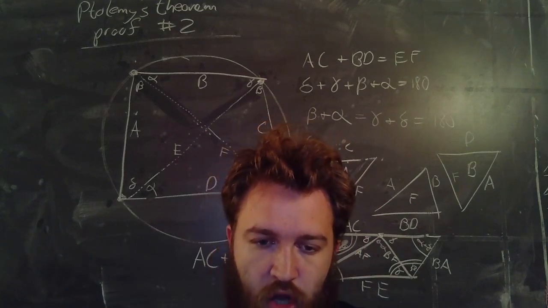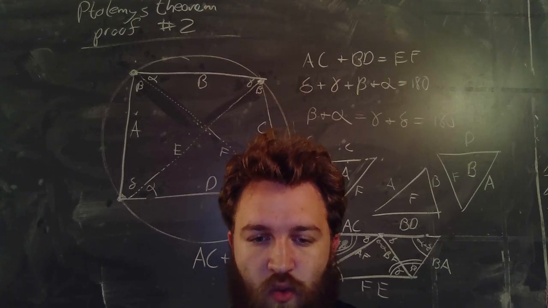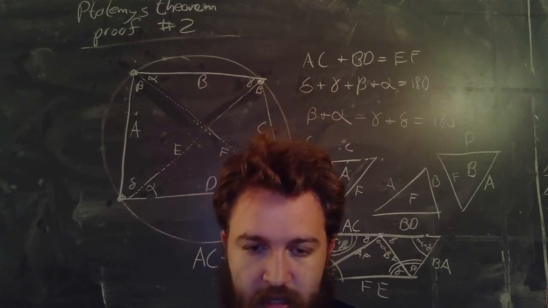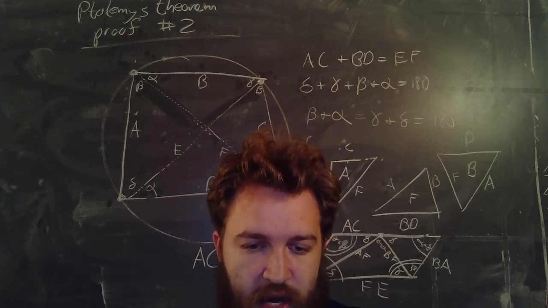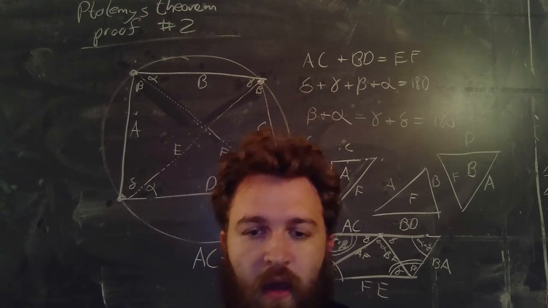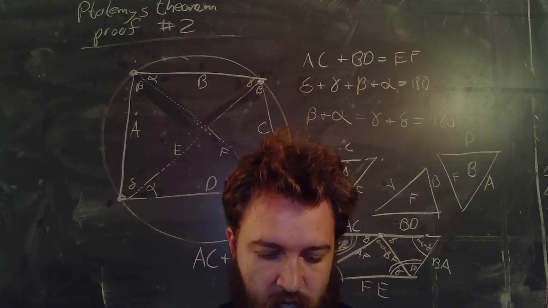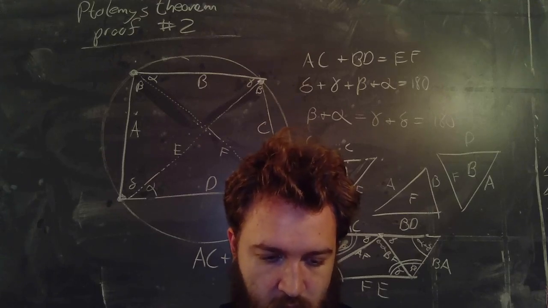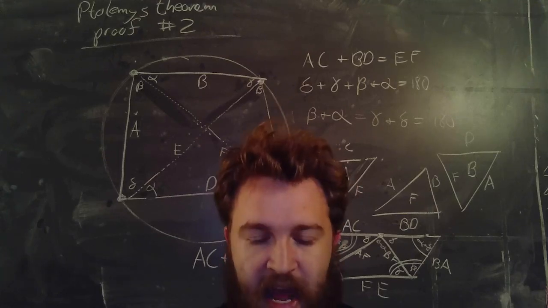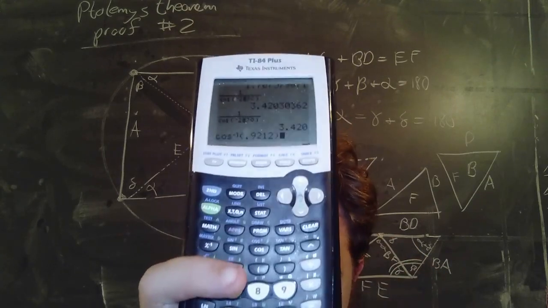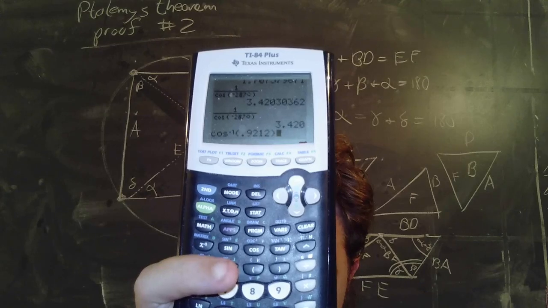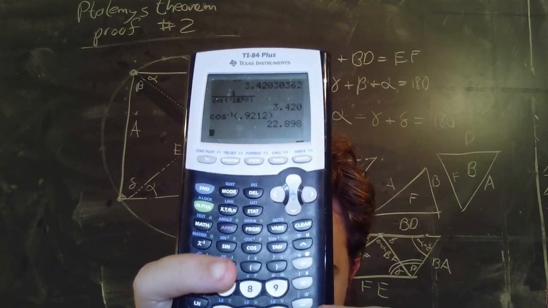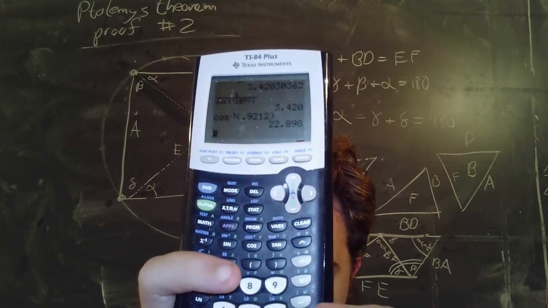So cosine of theta equal to 0.9211, I'm just going to shortcut it a little bit to make my life easier. It's 0.9212 if we round. Cosine of 0.9212, if we wanted to find an angle that had that cosine, we can use this cosine inverse key in the calculator, and you notice that it spits out something 22.898.